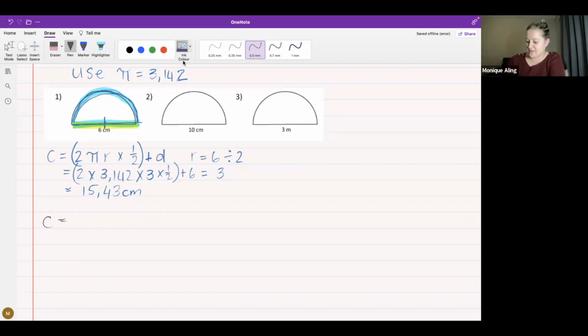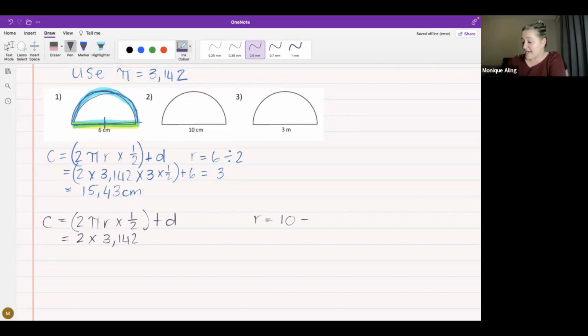So let's quickly go through this. Using the formula 2 pi r times half, because we're looking at half a circle, and we need to add the flat edge of the circle, which is our diameter. 2 times pi is equal to 3,142. The radius is half our diameter.